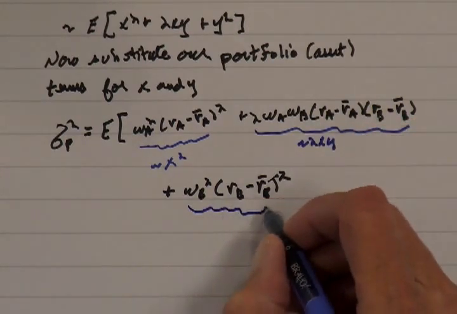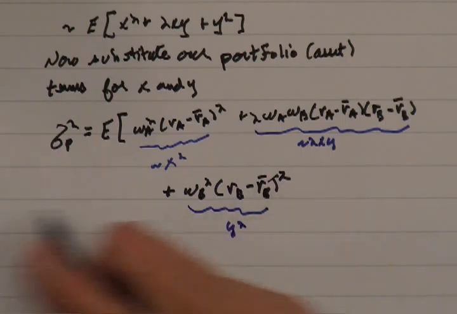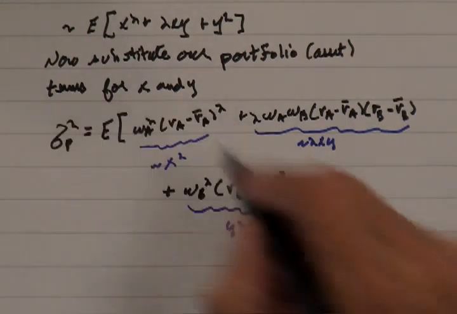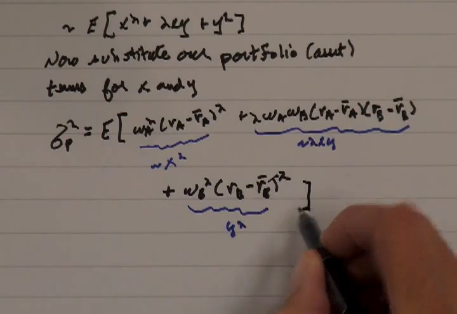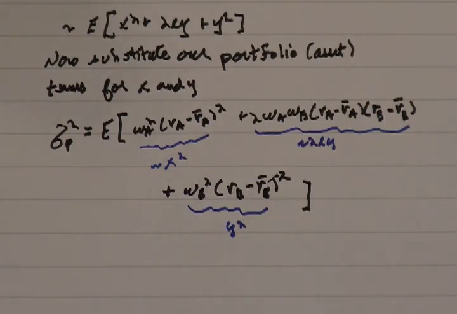This is our Y squared term. So what we've done is just complete the squares, a little more complicated than X squared plus 2XY plus Y squared.